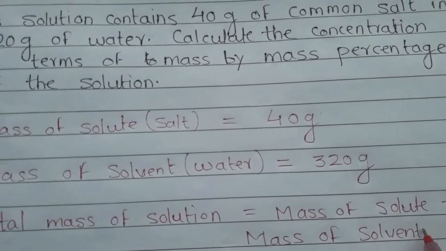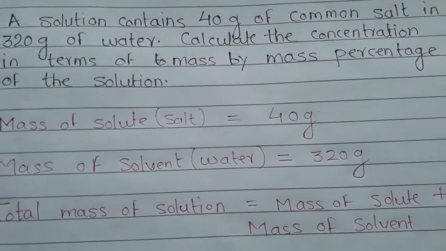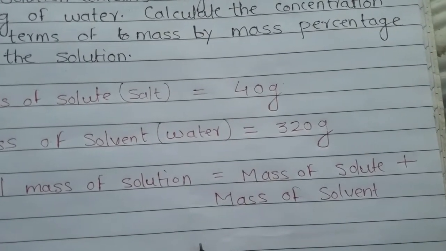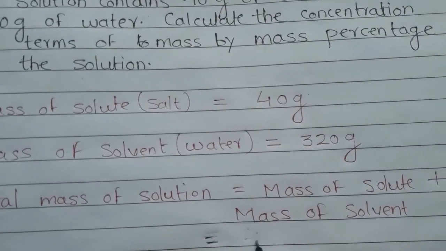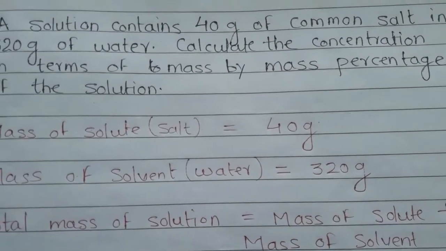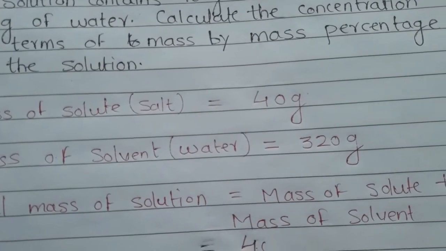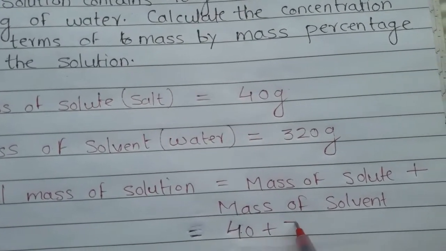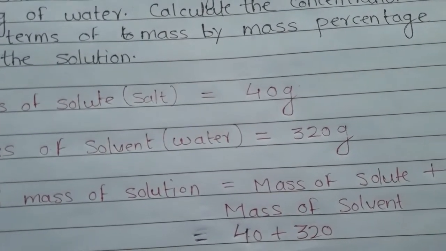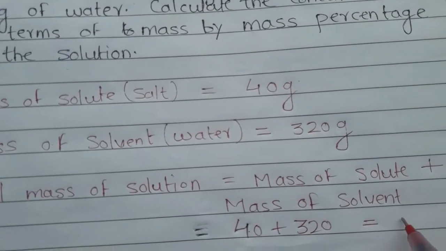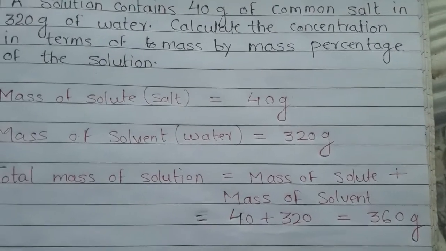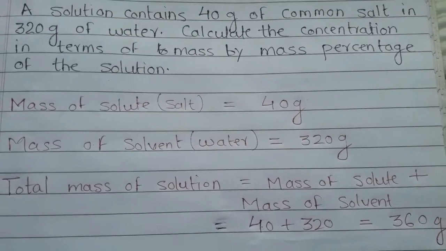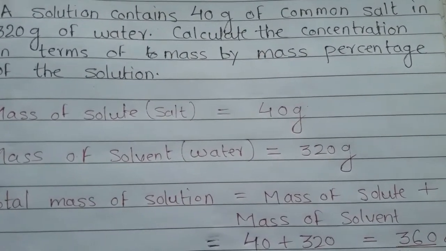All right, so here we will substitute the value and we will get 40 plus 320, which will be equals to 360 grams of solution. So here we have got total mass of solution is 360 gram.